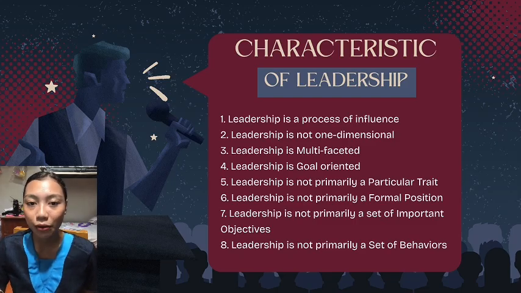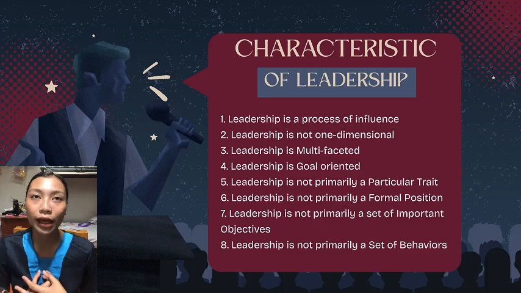You are not just giving orders, you are not just using your power, but you are using authority to shape others' attitude, to shape others' behavior, for them to develop leadership-like thinking and leadership-like actions. It can be done by being a role model and showing what should be done through your actions.